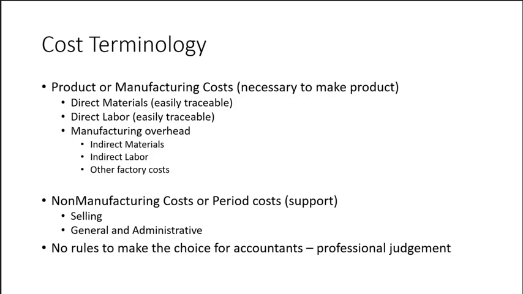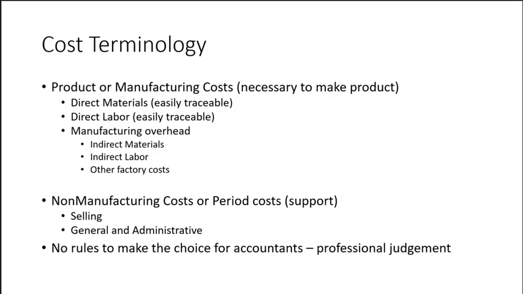They're necessary to support that. People don't come to work if you don't pay them, so you've got to have somebody in payroll. So there's a cost there. That's a general administrative. Again, there's not a rule about what is a non-manufacturing, what's a manufacturing. You use professional judgment as to how close, you might say, or how necessary it is for making the product. All right?